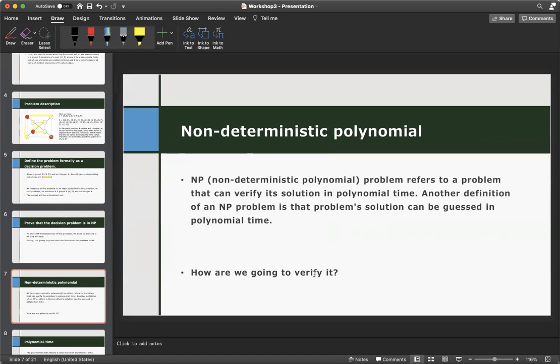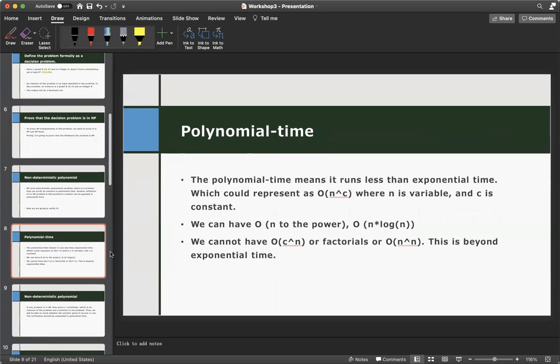So how are we going to verify it? Before we verify it, let's try to understand what polynomial time is. Polynomial time means it runs in less than exponential time, which could be represented as big O n to the power of c, where n is a variable and c is a constant.